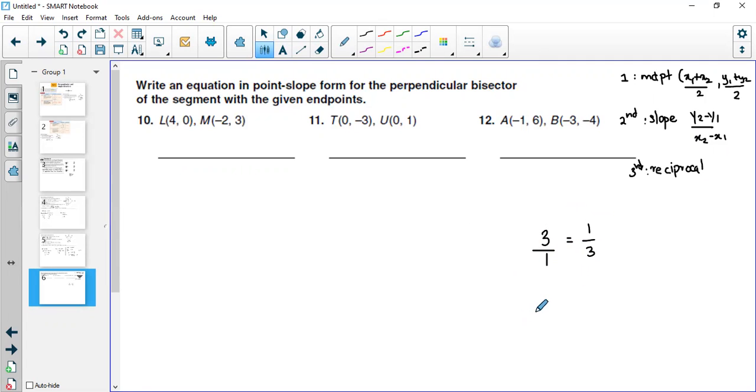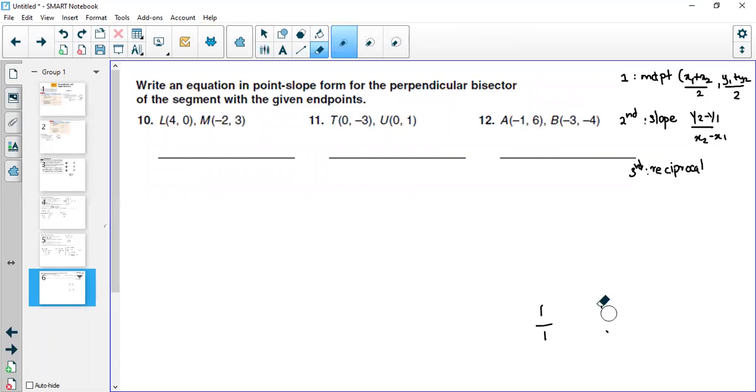If the slope was 1, then the reciprocal becomes negative 1 over 1, which is basically a negative 1. So the sign flips as well as the number flips. That's called the reciprocal. So even in 3, that becomes negative 1 over 3. Okay, so for the reciprocal, the sign flips and the number flips, right? So find the reciprocal, and then the fourth step is to write it in point slope form.